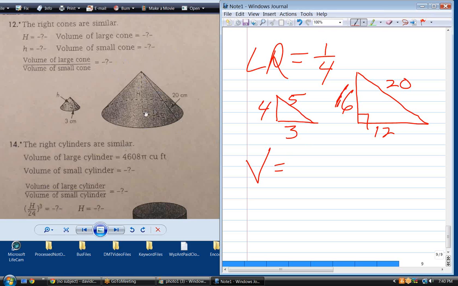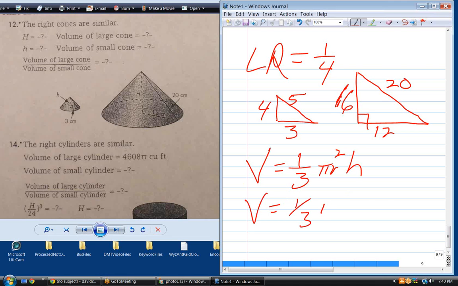In other words, if this were a right cylinder, it would just be the area of the base times the height. The fact that it goes to a point, you lose 2/3 of that material. So the volume of a cone is 1/3 the area of the base, pi r squared, times the height.